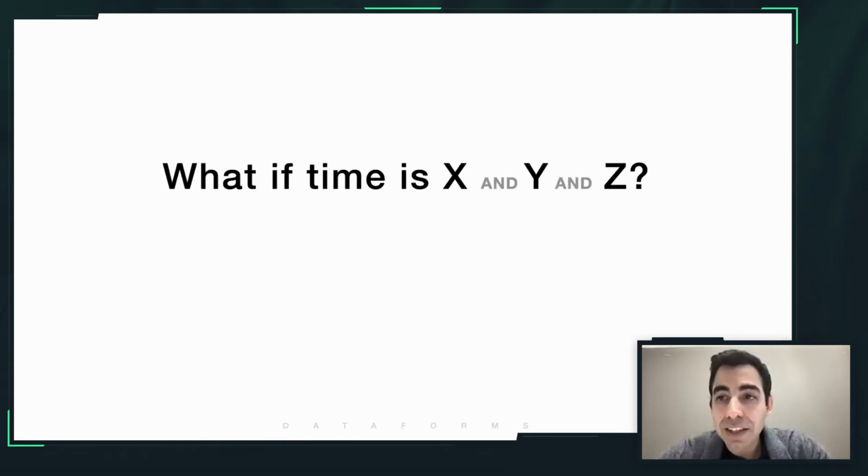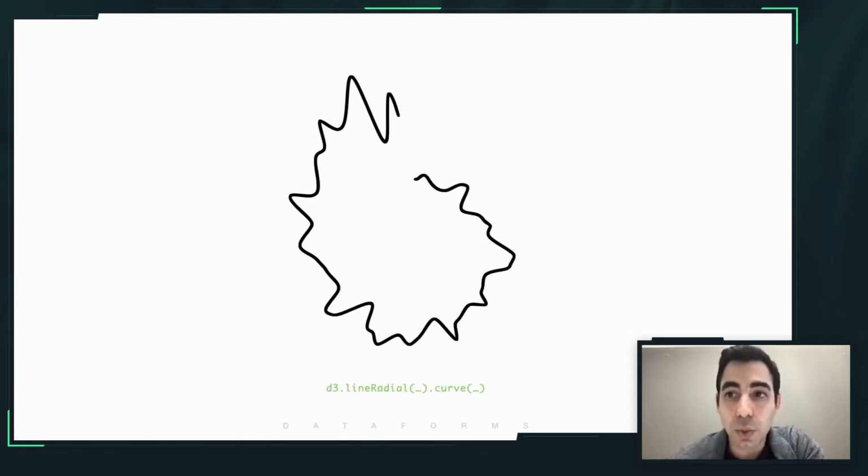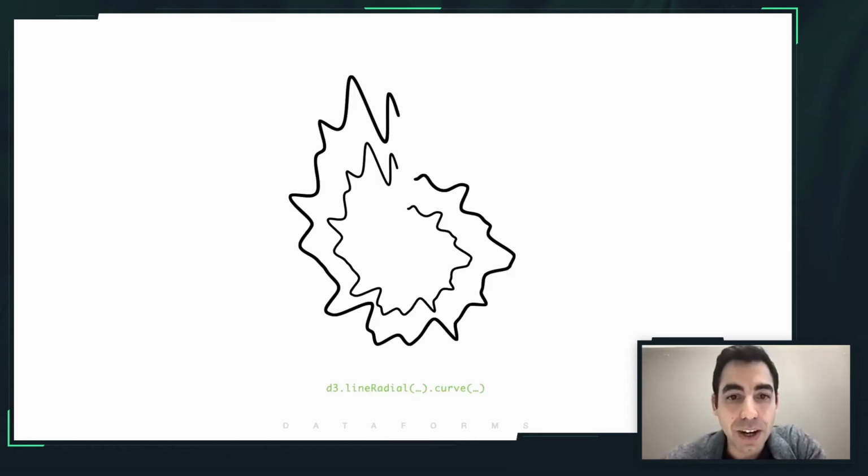So we can continue asking strange questions about this. When we're working on a screen, we have this concept of Z, or depth, but it's a little harder to express than it is in the real world. But what would that look like if time is X and Y and Z? So we have our graph, and then we can start layering this.